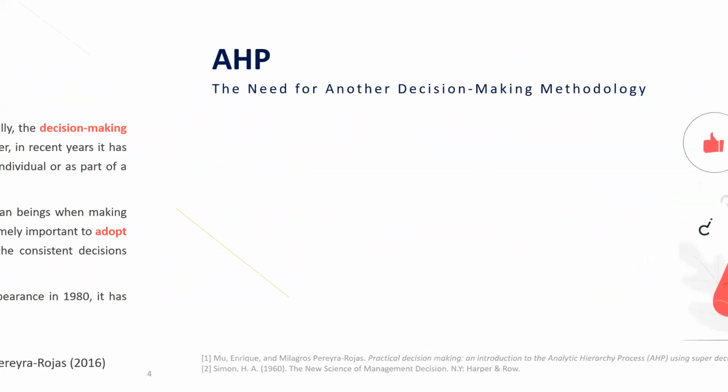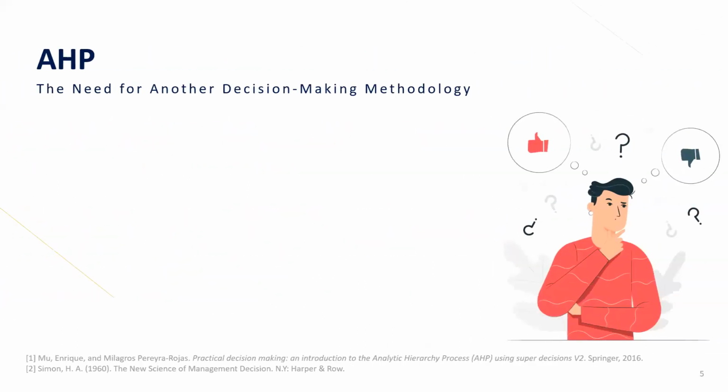Why do we need another decision making method?